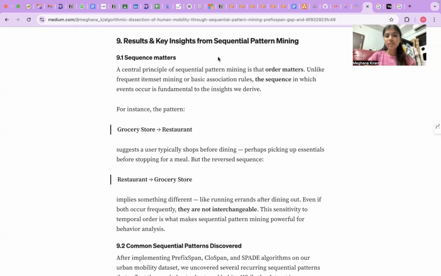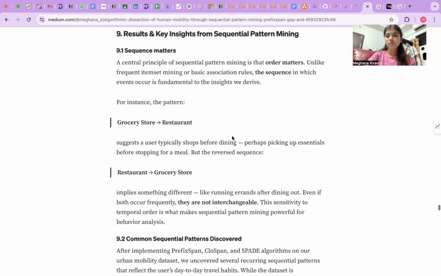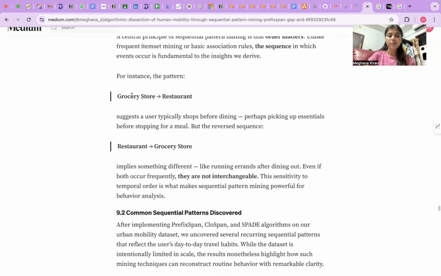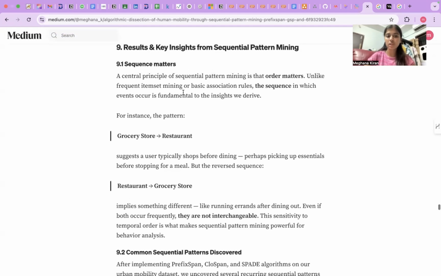And coming to the results and key insights from sequential pattern mining, here we understood a main point: the sequence grocery store to restaurant and restaurant to grocery store are not the same. Here it implies that a user did shopping and then went to a restaurant, but there a user ate and then went shopping. So these are not equal when it comes to sequential pattern mining.